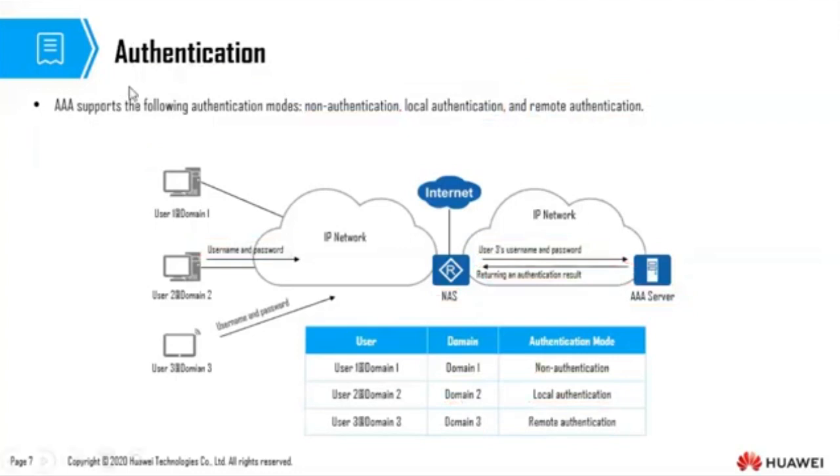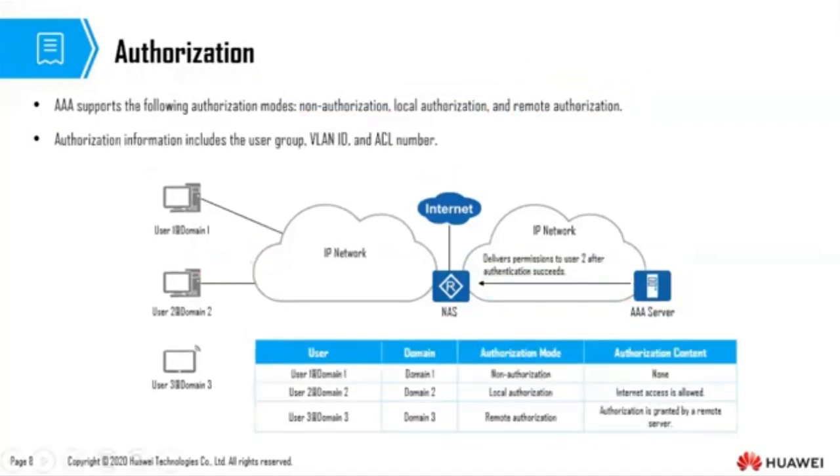Okay, let's go ahead and now look at authorization. Authorization specifies what network resources a user can access. Just like authentication, we have three modes of authorization. Non-authorization, where you do not limit what users can access. Local authorization, when the authorization is done at the network access server.